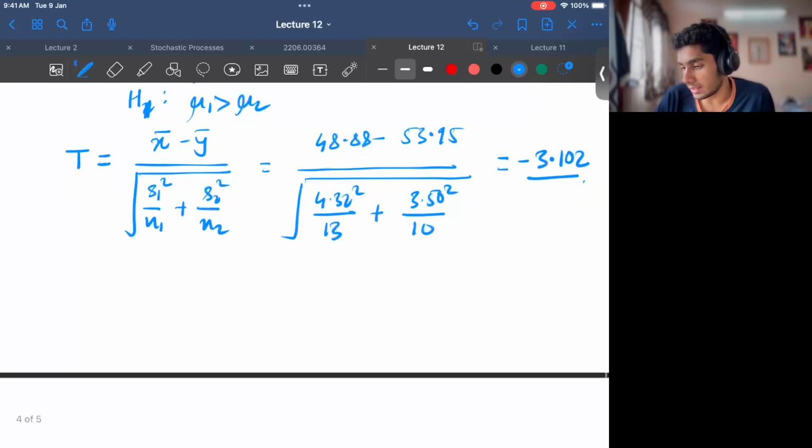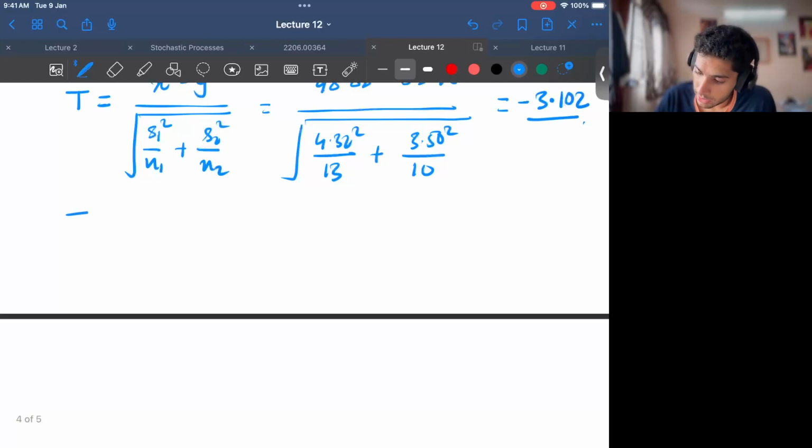And in this case, where the mean and the variance both are unknown, the test statistic follows a t distribution again with degrees of freedom nu. What is nu?